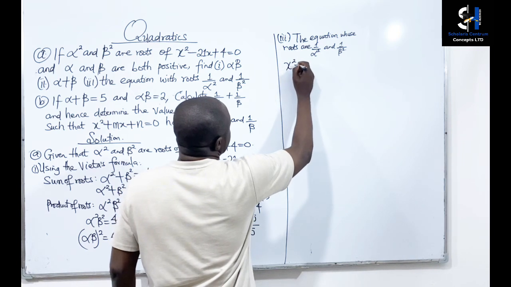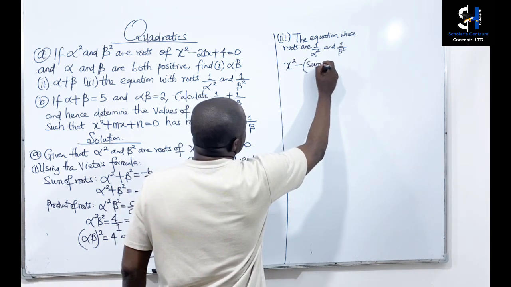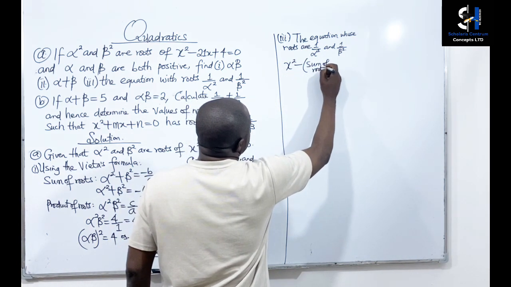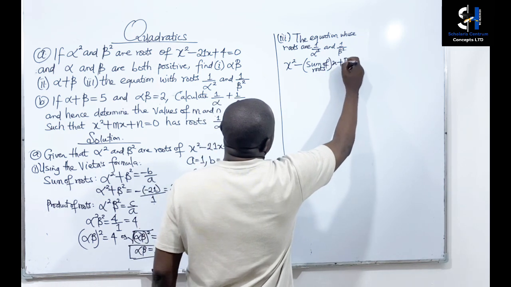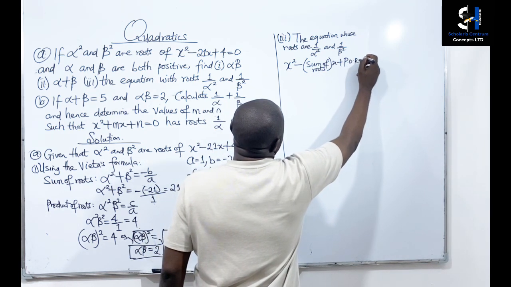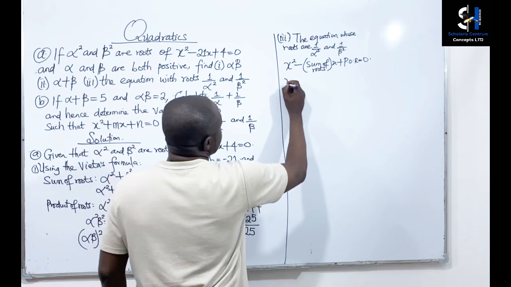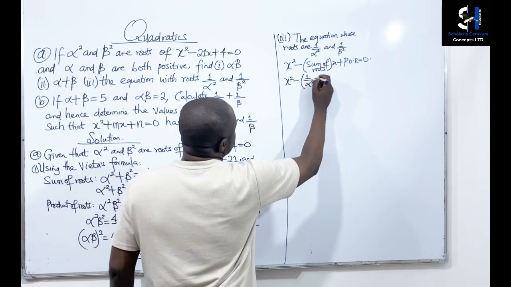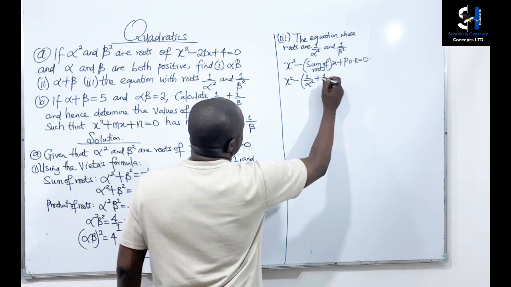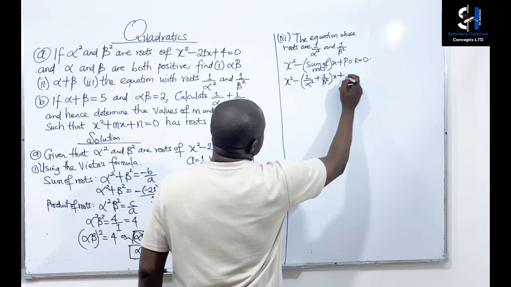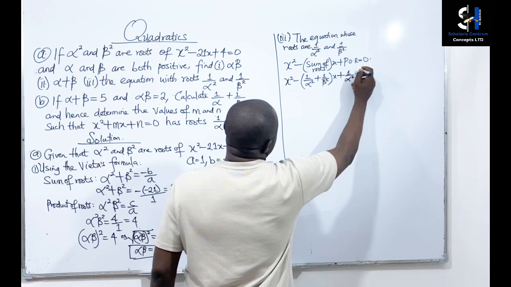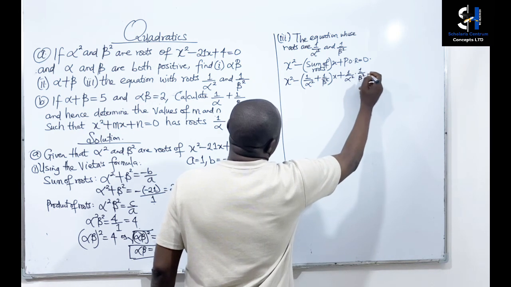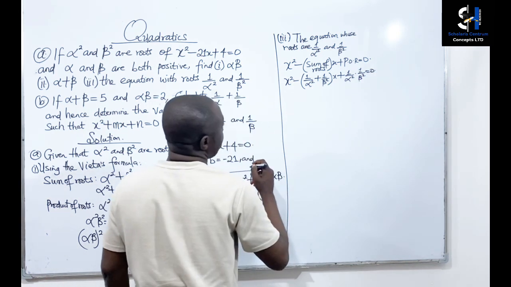We have x squared minus the sum of roots times x plus the product of roots equals 0. So that will be x squared minus (1 over alpha squared plus 1 over beta squared) multiplied by x, plus 1 over alpha squared multiplied by 1 over beta squared, equals 0.